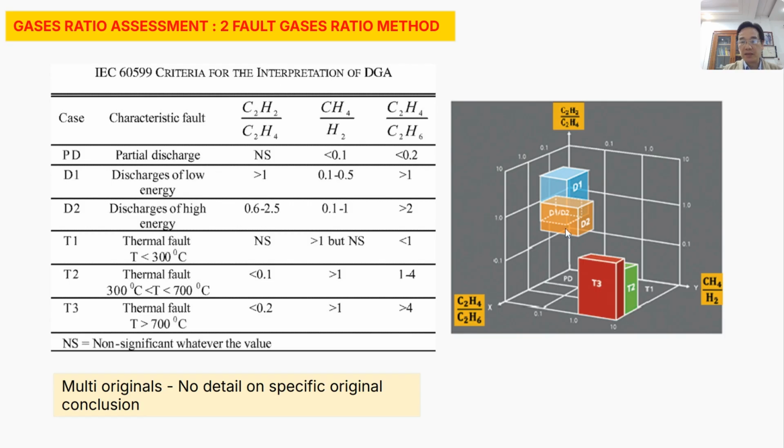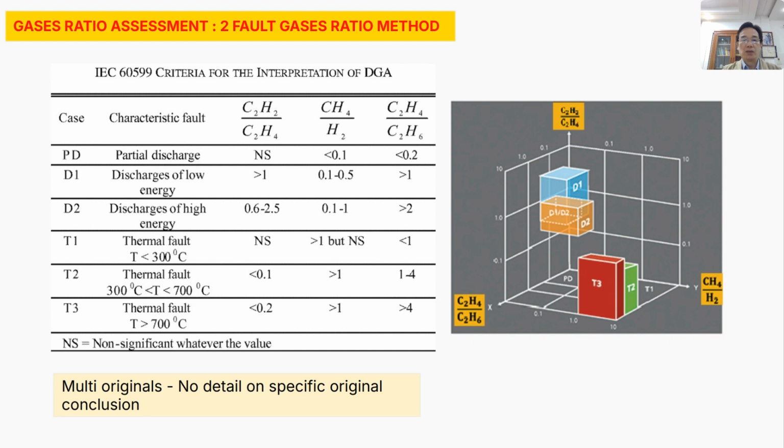The shortcoming of this method is that sometimes the final result may not fall into any cubicle. It falls into nothing because sometimes we have a combination of more than one fault in the transformer.